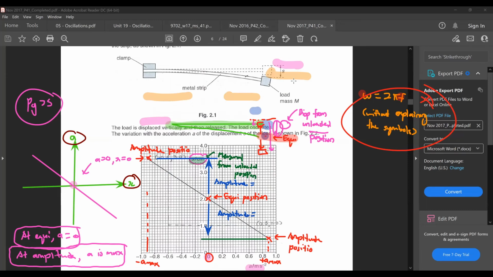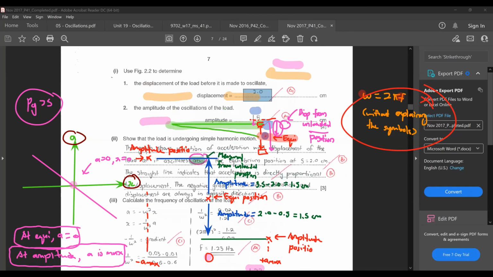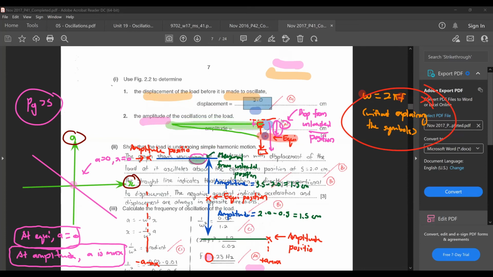So in your case, if the answer is 1.5 centimeter, this one ought to have been 3.5 minus 2, and this one would have been 2.0 minus 0.5, giving 1.5 centimeter. This is your amplitude value. So far so good with this. That one is for that graph.